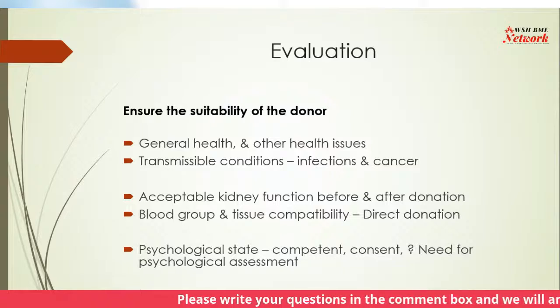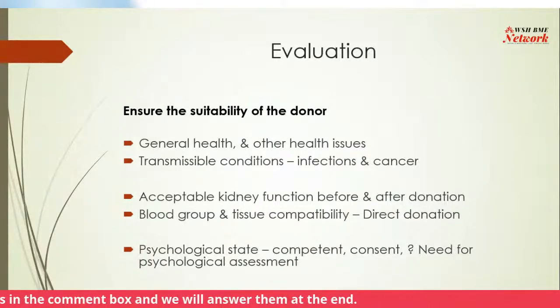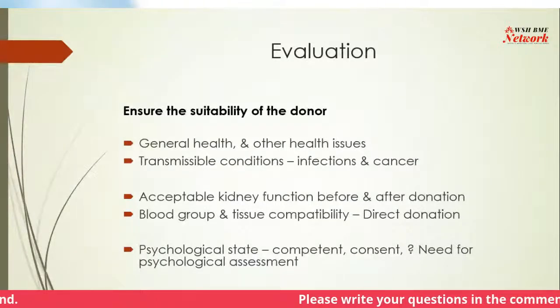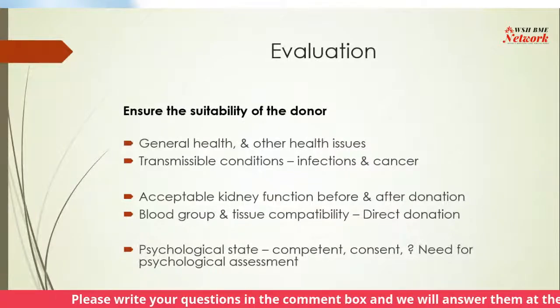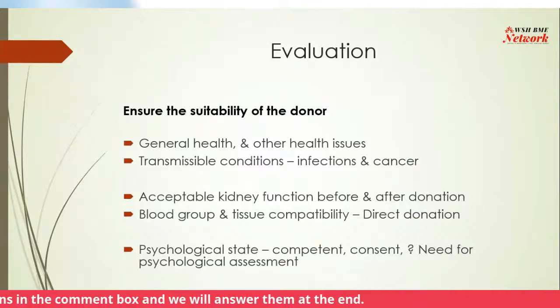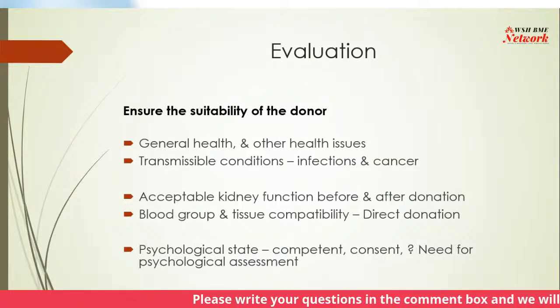And we also want to do psychological state assessment to make sure that the person who is giving their organs is okay psychologically. So we don't want to exploit anyone. And sometimes, if we need to, we will send some patients for psychological assessment to see a psychologist. Very, very rarely, to see a psychiatrist if we are concerned.